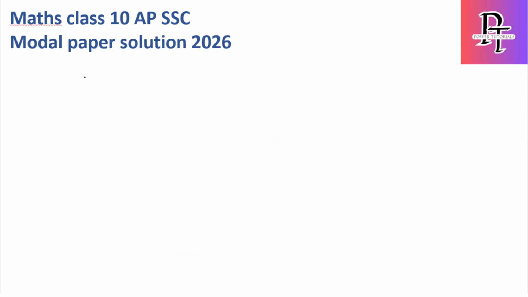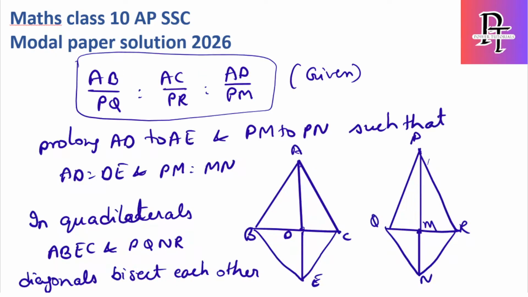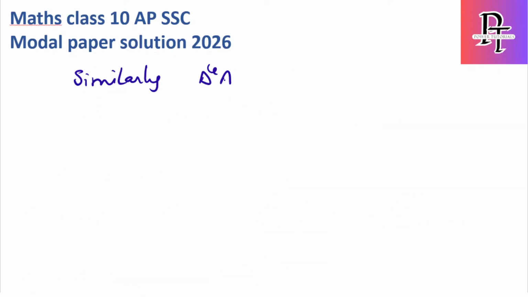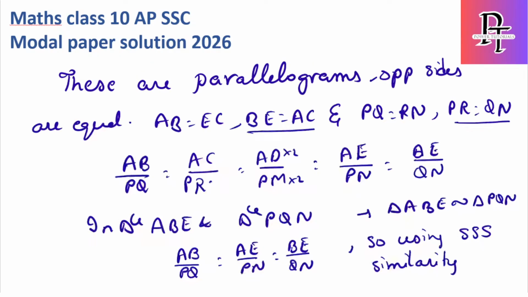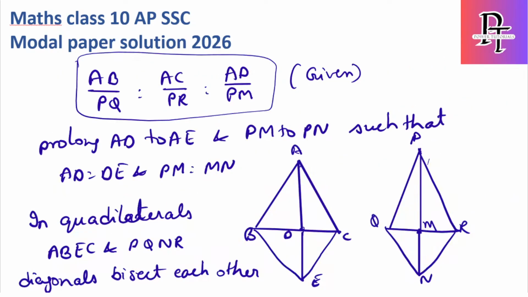Okay, I'll write it similarly. Triangle AEC is similar to triangle PNR.